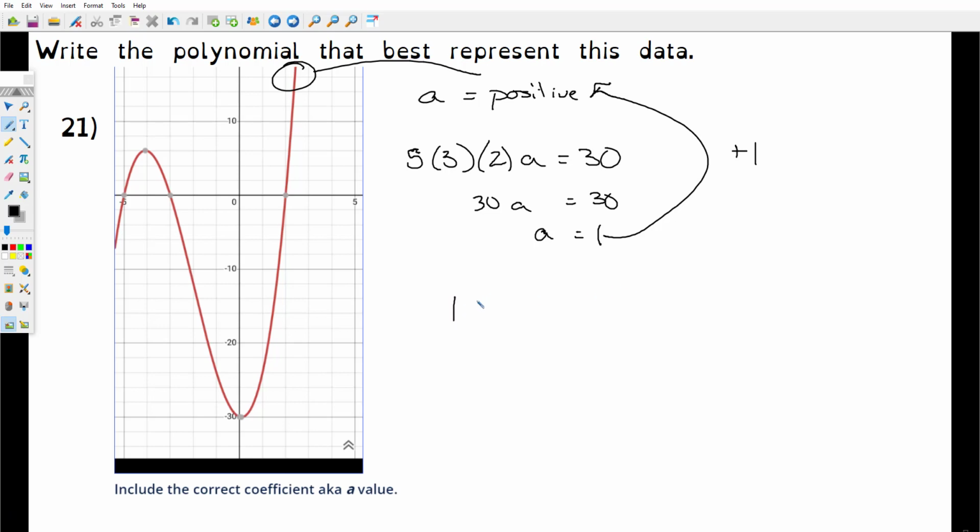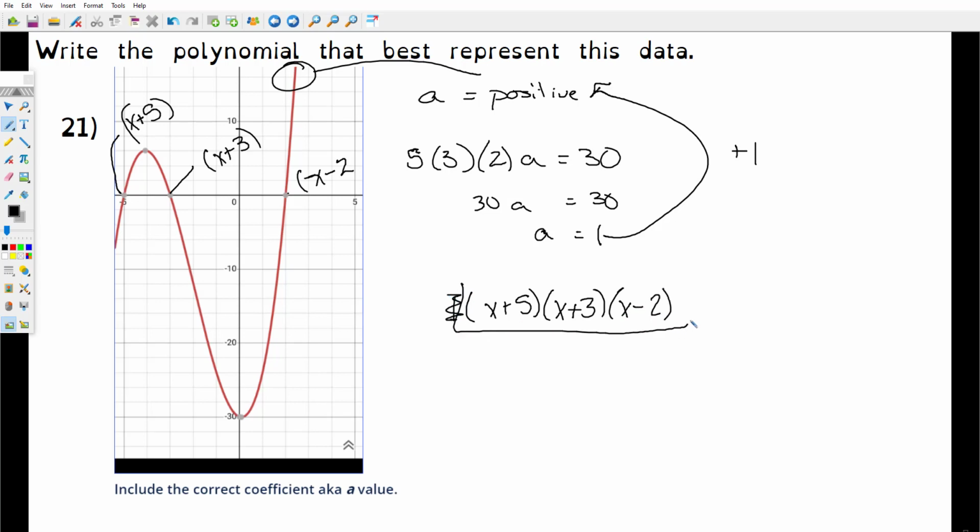And so I'm going to put that in front. This is going to create the factor of x plus 5. Here we have the factor of x plus 3. And here we have the factor of x minus 2. So I have 1 times x plus 5, x plus 3, and x minus 2. You don't have to write that 1. And so that's my answer.